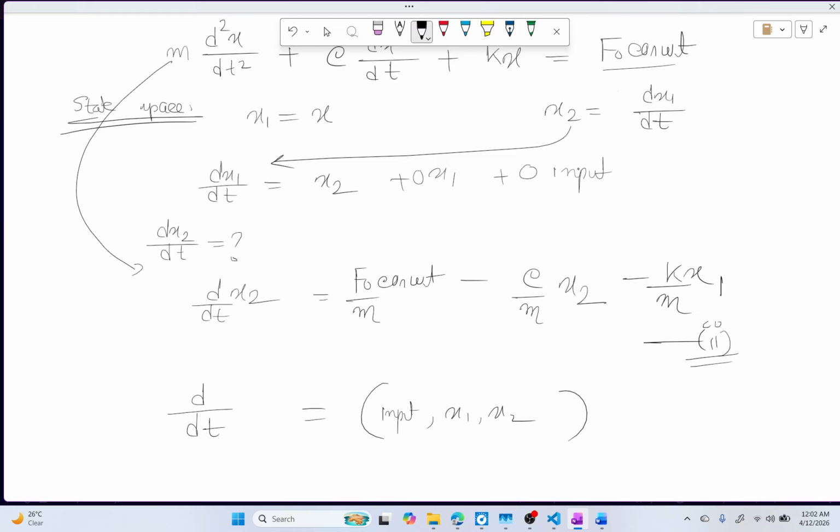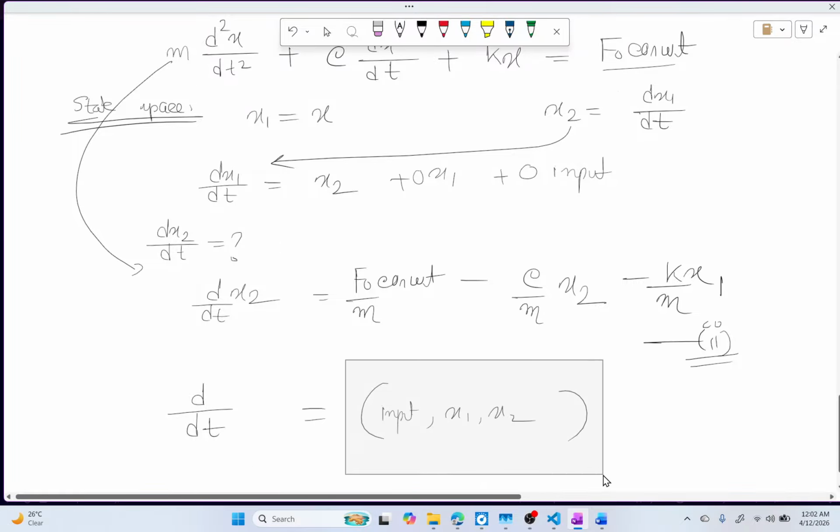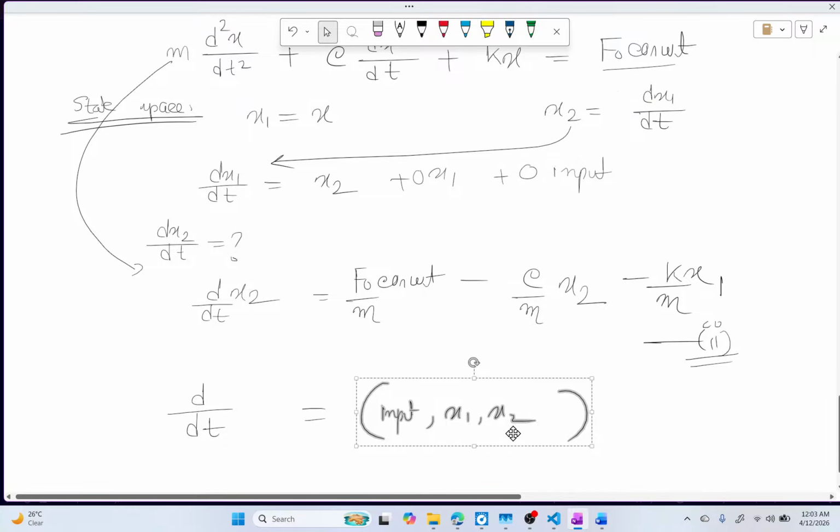So this is the format actually. At the left hand side you have to write the differential term, and at the right hand side you have to write the input and all other variables. Same thing for third, fourth, fifth order, etc.